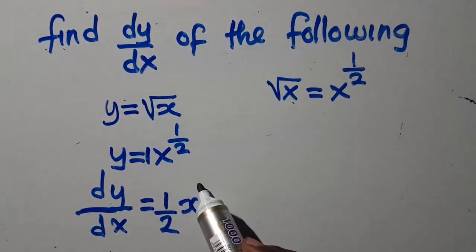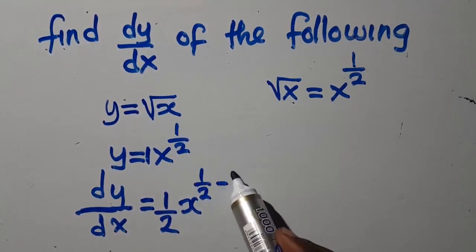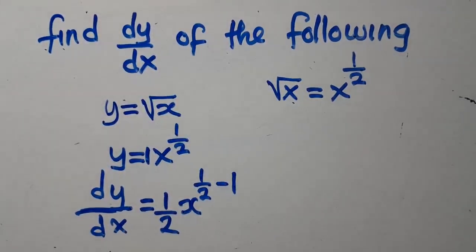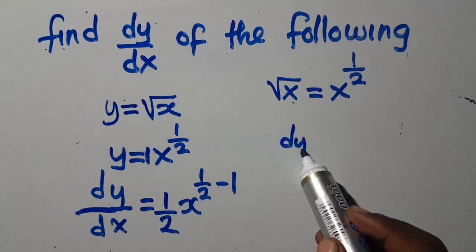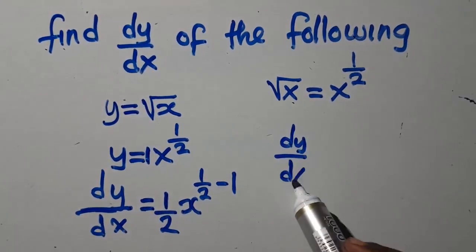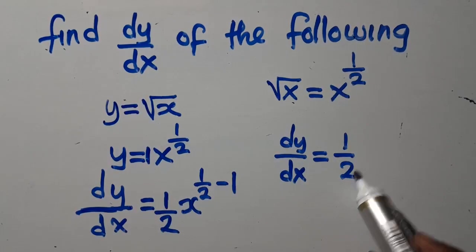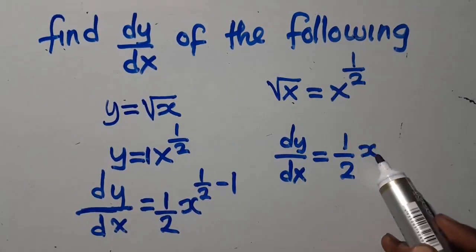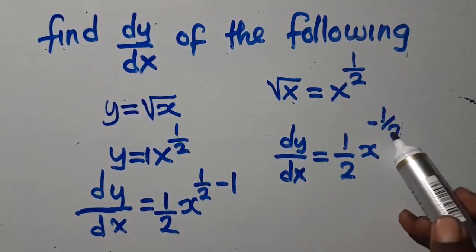Then the same power which is there, 1 over 2, you say minus 1. This is what you are going to do, the power minus 1. So let me write it here. Your final answer will be dy dx is equal to 1 over 2, then x to the power negative 1 over 2.